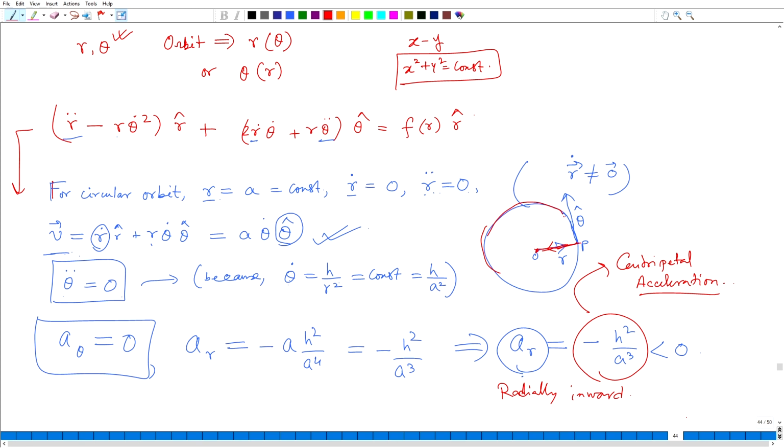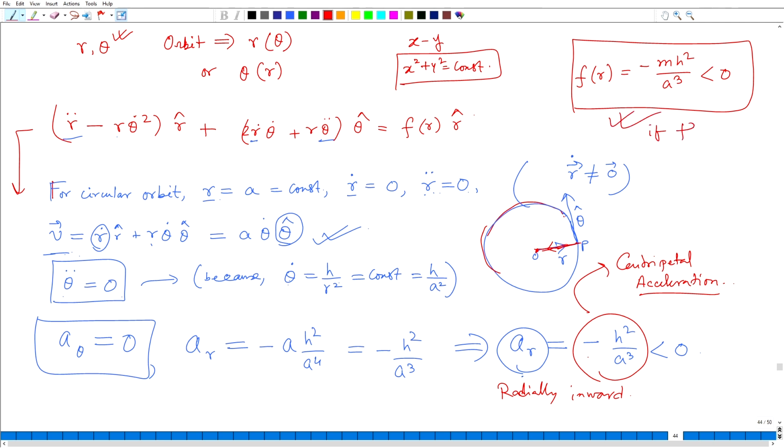We are now going to attack a very interesting point. One point is also you can always understand that since this acceleration is negative, then this force function, which will now be minus m h square by a cube, will also be negative, and that actually says that under a central force a circular orbit is only possible if the force is attractive in nature.